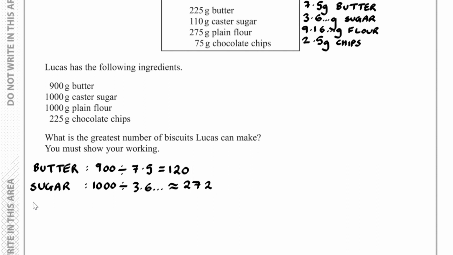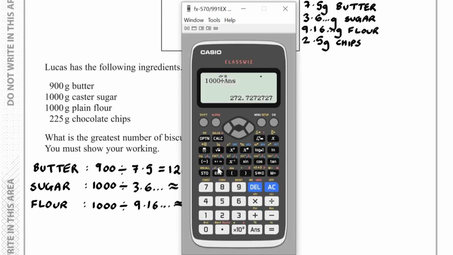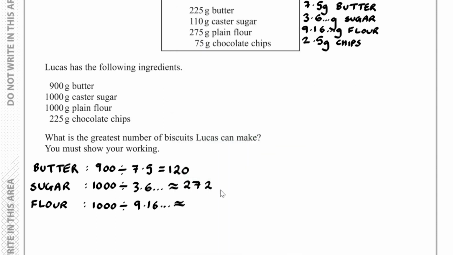And if we take a look at the flour, then we have 1000 divided by the 9.16 etc. So to work that out, I need to do 1000 divided by 275 over 30, which is 109.